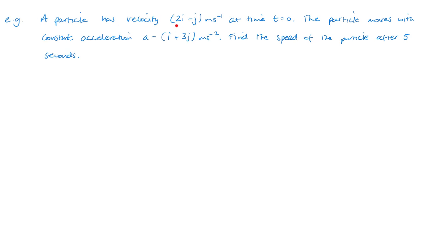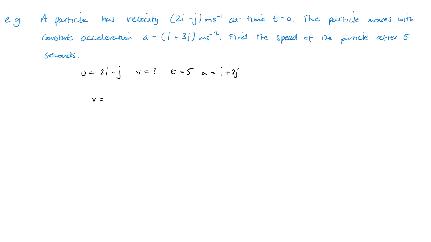This one has a velocity of 2i minus j at t equals 0, and moves with a constant acceleration of i plus 3j. Find the speed of the particle after 5 seconds. This is one where we use our suvat equations because it has an initial velocity of 2i minus j. We want to find v after 5 seconds, where t is 5 and a is i plus 3j.